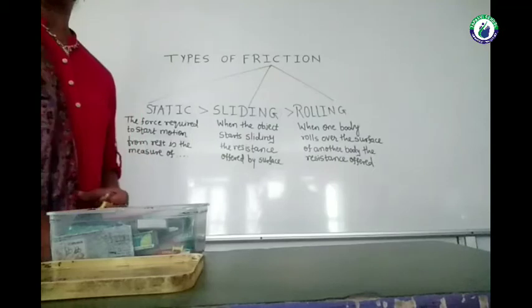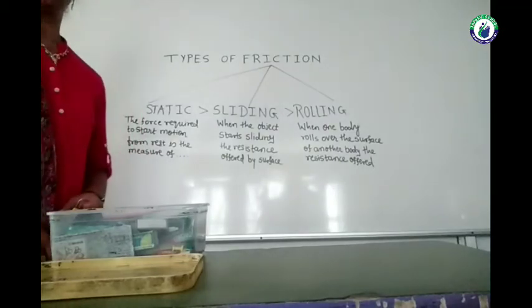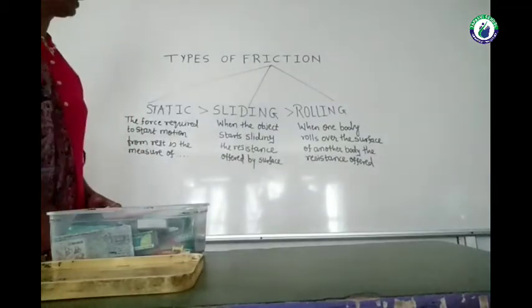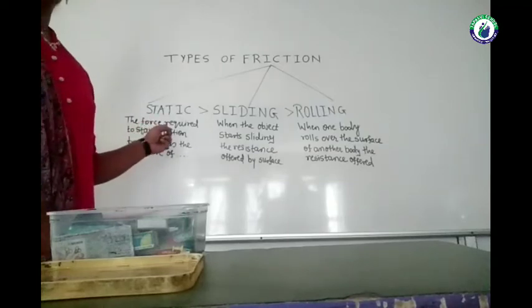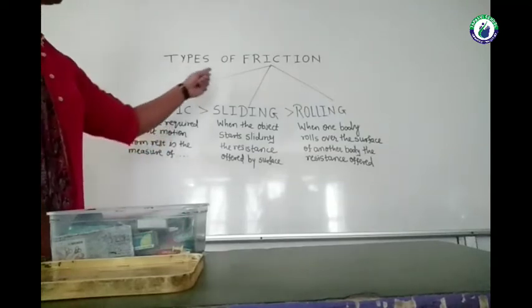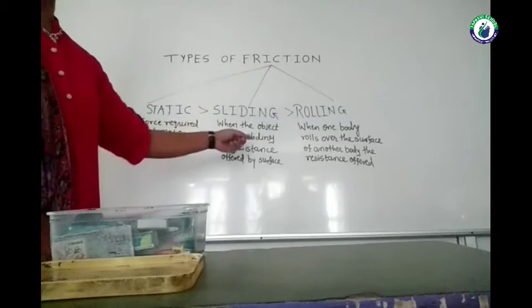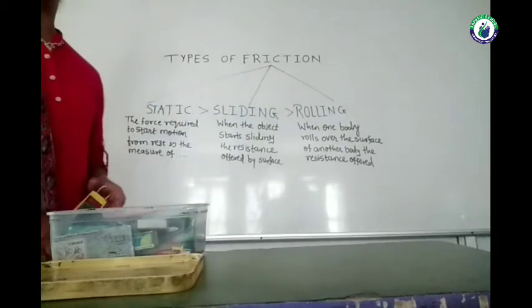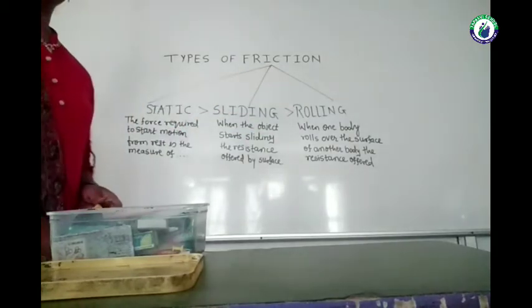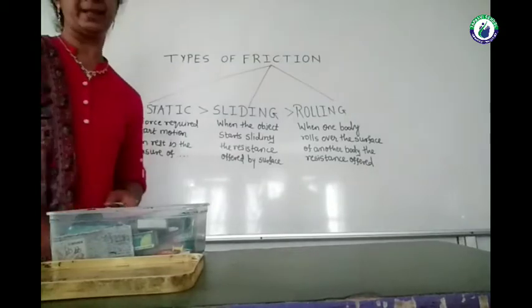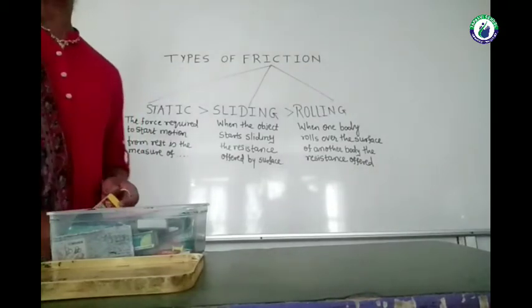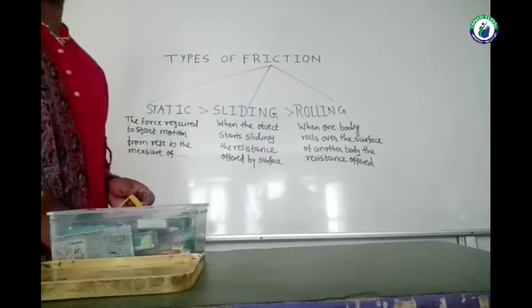Students, let us understand the types of friction. We have three types of friction: static friction, sliding friction and rolling friction. We have discussed that friction arises due to the irregularities in the surfaces.